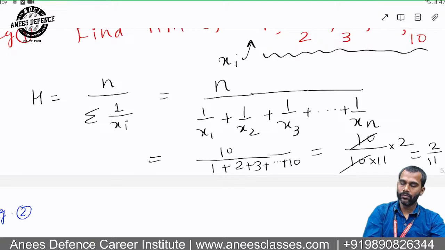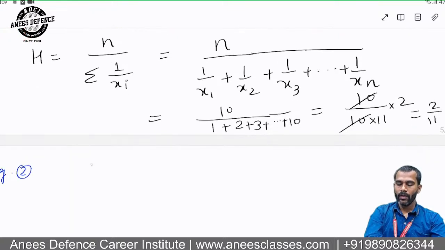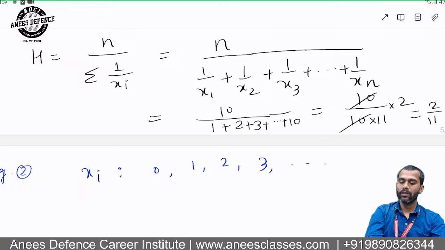Example number 2. xi is the set of all whole numbers 0, 1, 2, 3 until maybe let's say till 8. And please don't take 0, otherwise you'll get infinity.